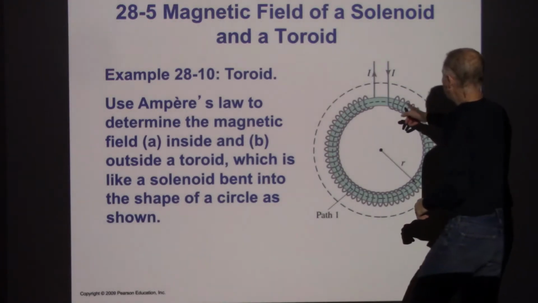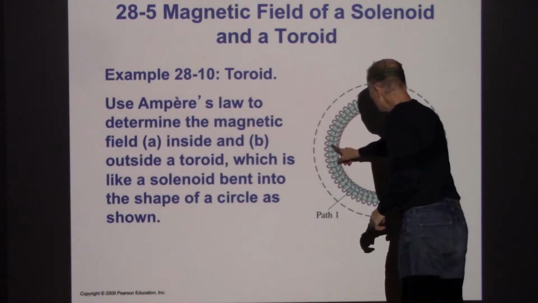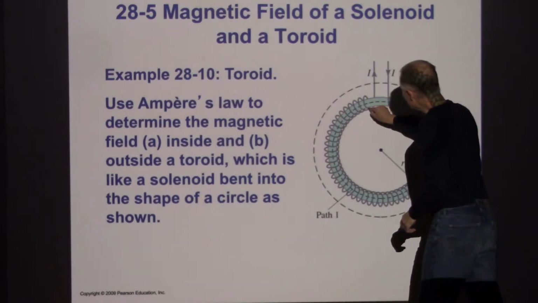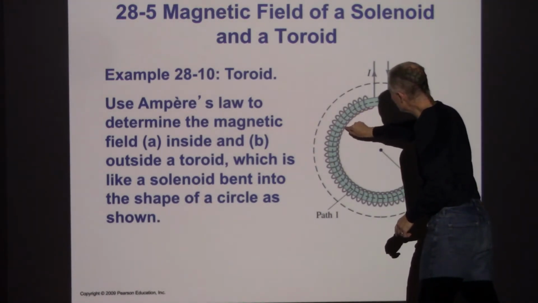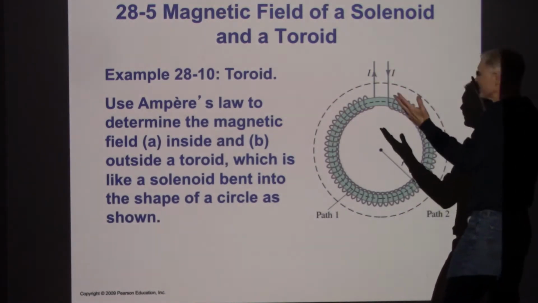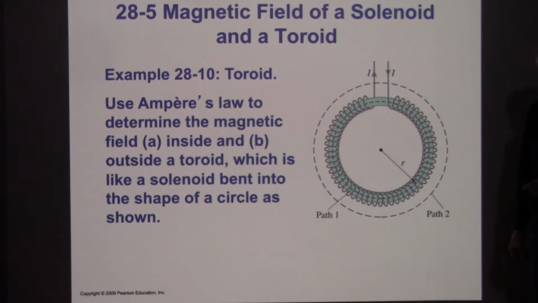So here is the path that I'm going to follow. The current comes through here, and here, and here, and here, and here. Those are all inside the path. Where the current comes back in the other direction, it's not inside the path. I don't include those currents.